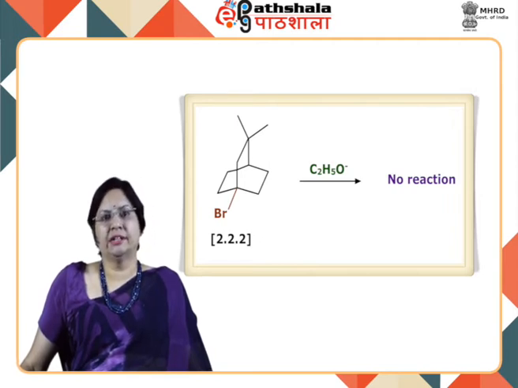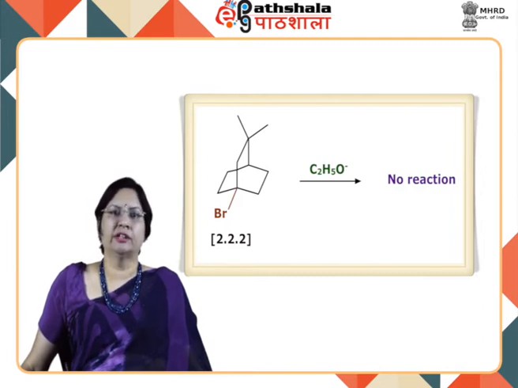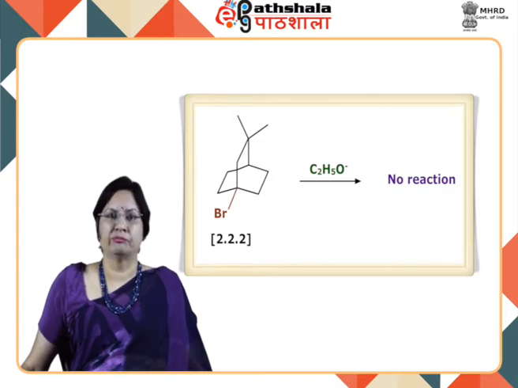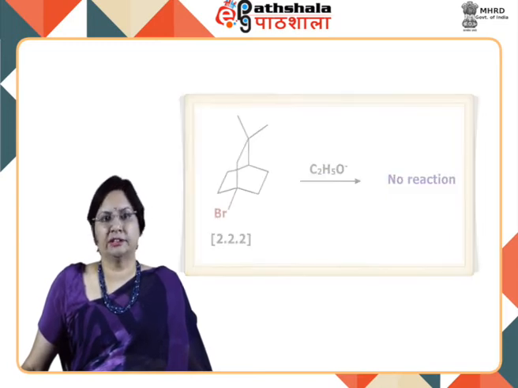You can clearly see that the position of this Br at the bridgehead is such that no backside attack is possible, because this entire ring will create steric hindrance and this ethoxide ion cannot do the backside attack for the SN2 to happen. So, there is no reaction in this case.